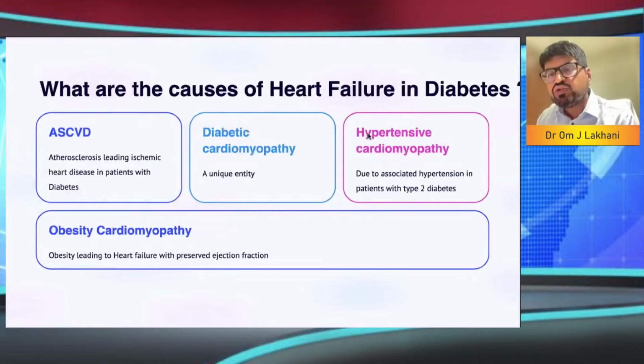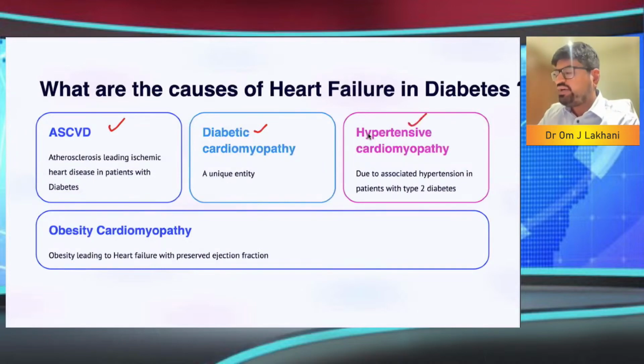So what leads to heart failure in a diabetic patient? We all know that a diabetic patient is at an increased risk of atherosclerosis. So you have atherosclerotic cardiovascular disease leading to heart failure in a diabetic patient. But you have very specific entities which are related to metabolic syndrome, which can lead to heart failure. So you have diabetic cardiomyopathy, which is a unique entity, which we'll discuss in the next few slides.